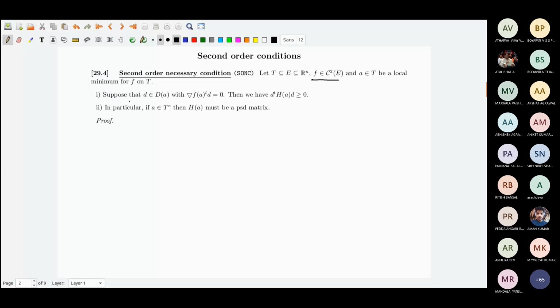Suppose that you have a direction D satisfying the condition that grad f transpose D, that is the directional derivative, somewhere I may simply write this as df A, is equal to 0.